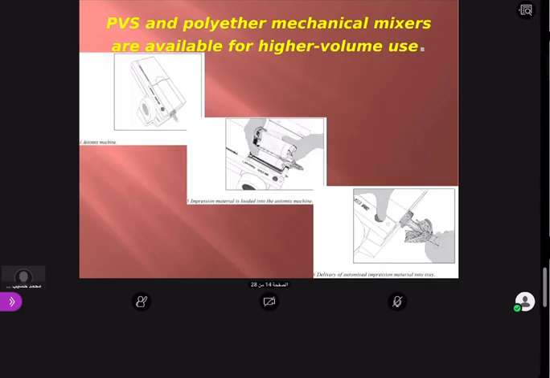This polyvinyl siloxane material we can also use with a mechanical mixer if we want to use it in large quantity. For example, when we are making a complete denture, we need more material, so we use this mechanical mixer. It loads the tray very easily.